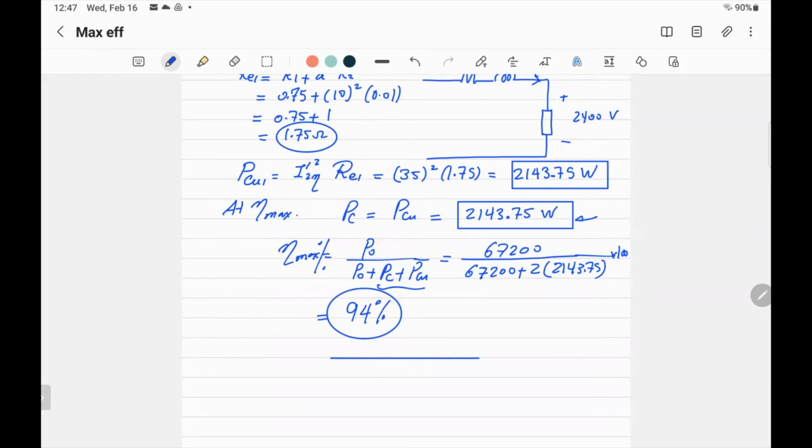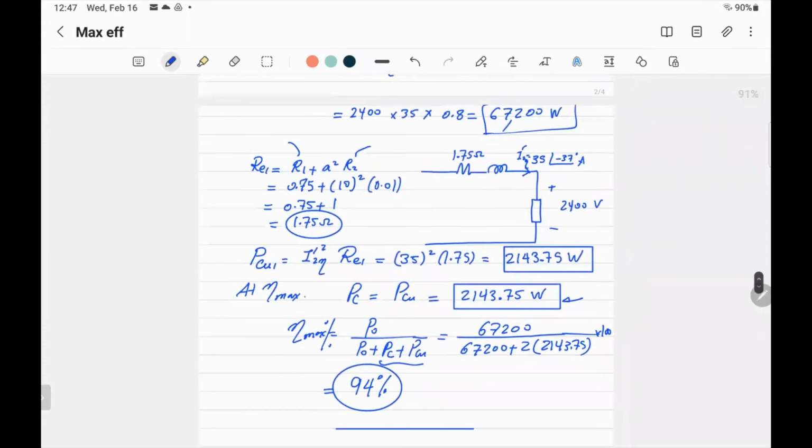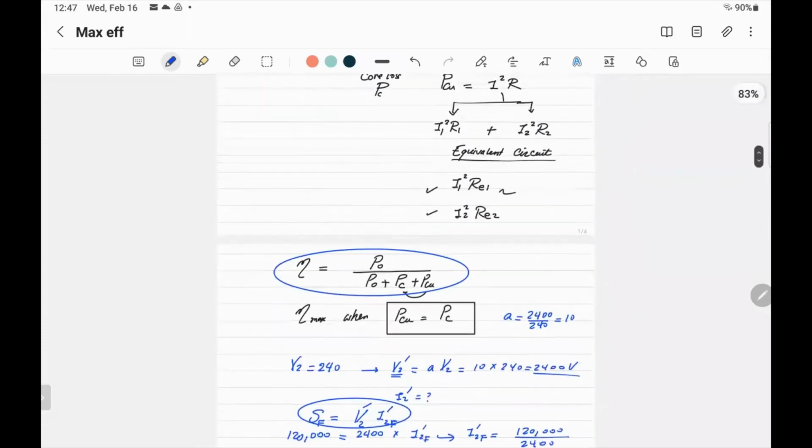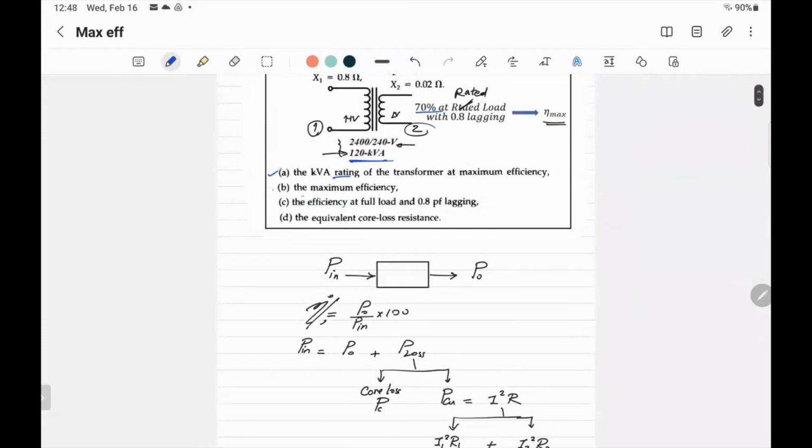Any question on this part? We did A and B. We wanted the efficiency. What did we just calculate right now? We calculated the maximum efficiency.